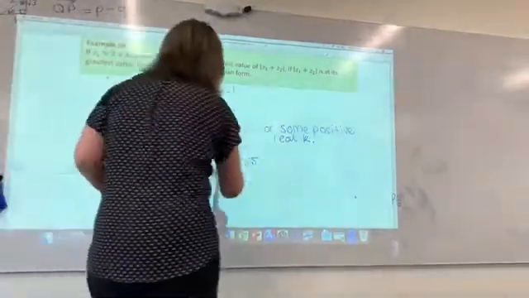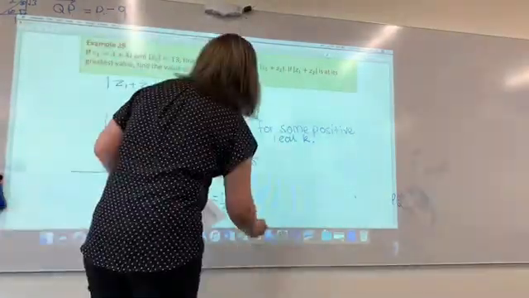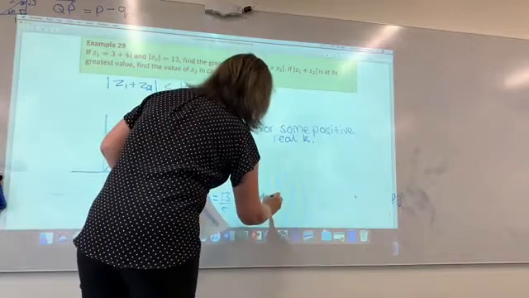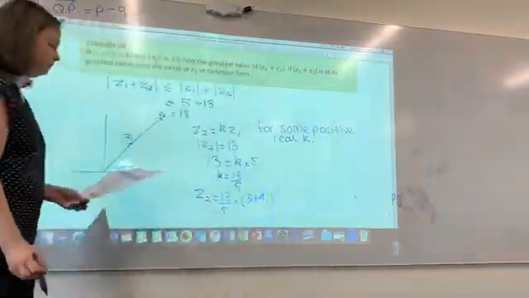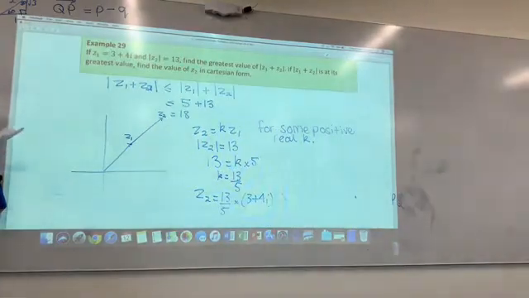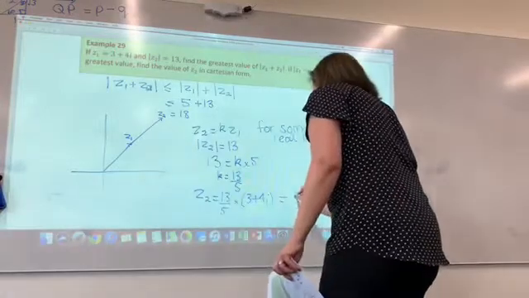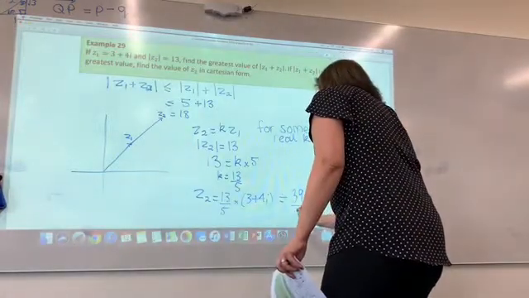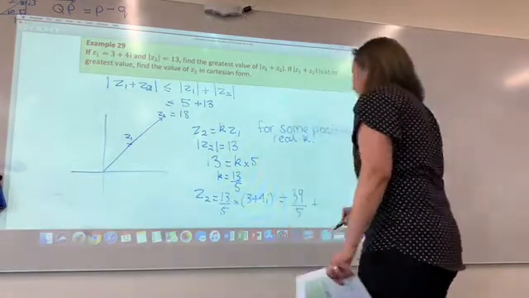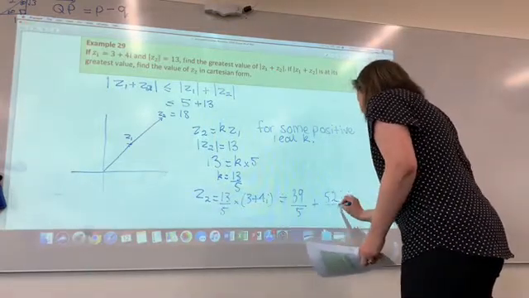So K is equal to 13 over 5, times 3 plus 4i. And then you can tidy that up by writing it as 39 over 5 plus 52i on 5.